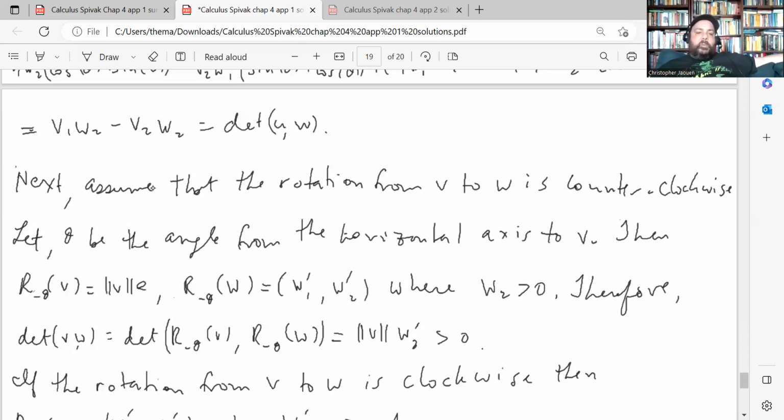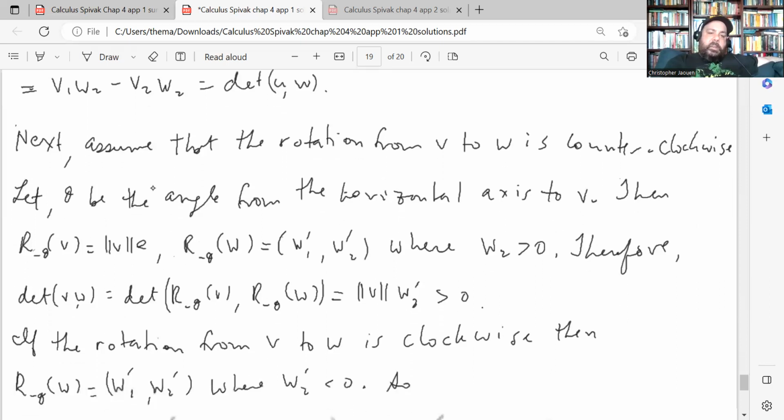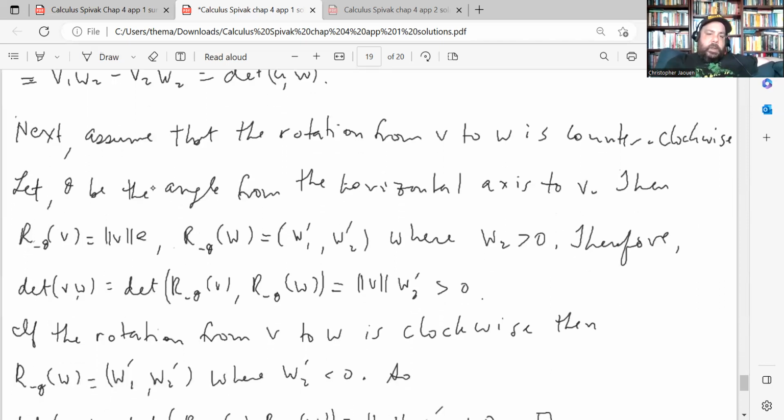Therefore, the determinant of VW is equal to the determinant of the rotated vectors, which we just proved, which is equal to the length of V times W2 prime, which is greater than 0. So that's the positive area of the parallelogram.